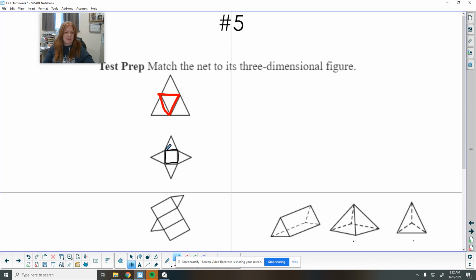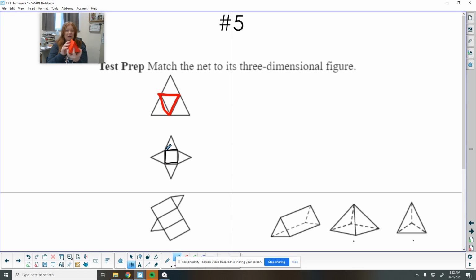Okay, and then that leaves our last one here. We've got 2 triangles and then 3 rectangles. Since we have just 2 triangles, they aren't going to fold up and meet each other nicely, so it's not a pyramid. It has 2 sides that are exactly the same, so it's a prism, and prisms are connected by rectangles.